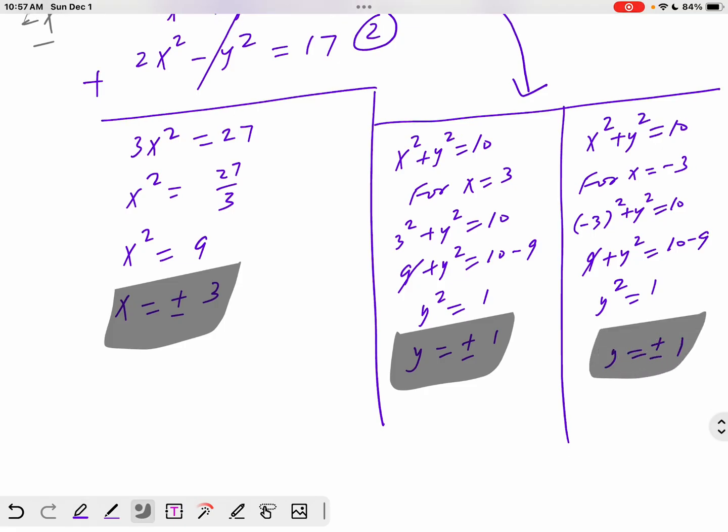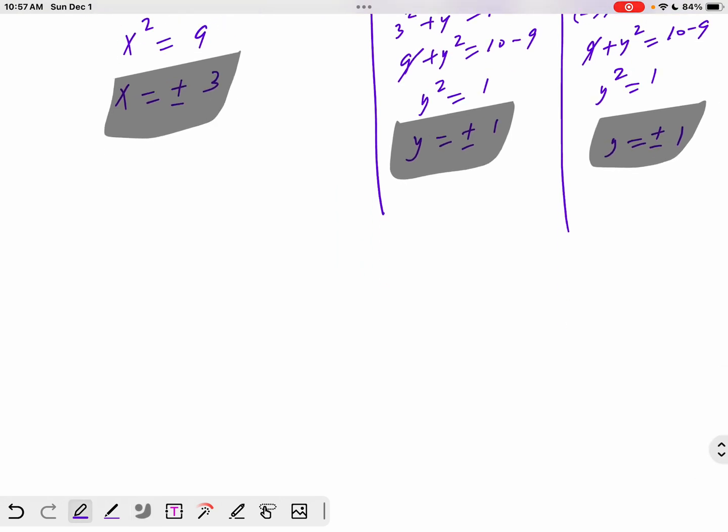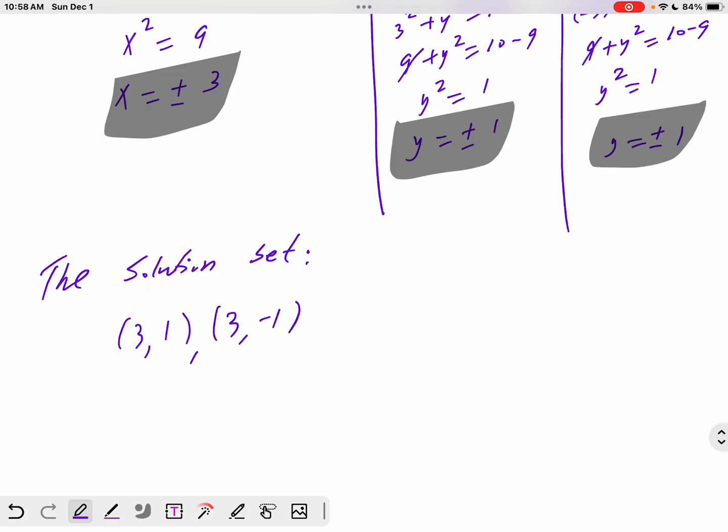Okay, so then how you write the answer, the solution, let's try the solution set. When x is 3, we have 2 y values. So when x is 3, it'll give you 3, 1 or 3, negative 1.